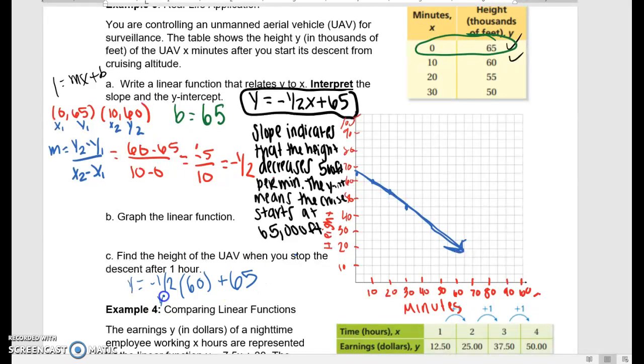So you have y equals, and 1/2 of 60 would be 30, so that's -30 plus 65. Then you add the two together to figure out what the height is. So you would get 35, but remember it's in thousands, so it's 35,000 feet.